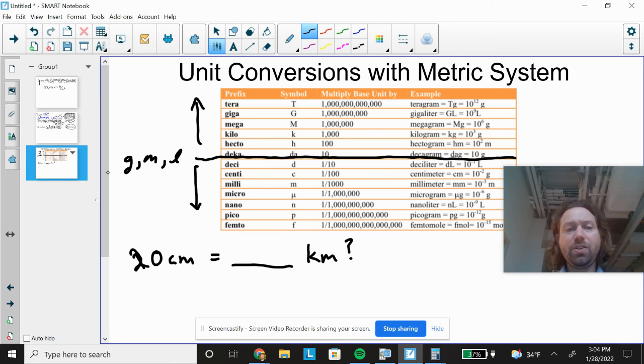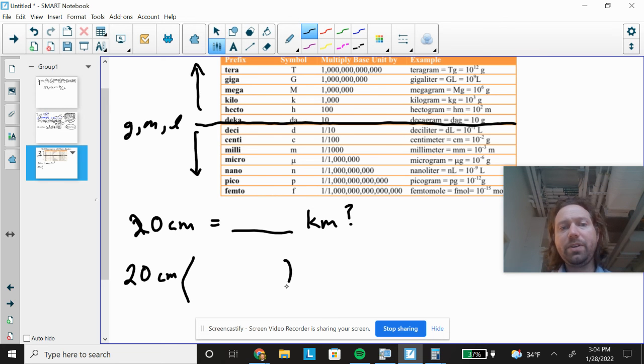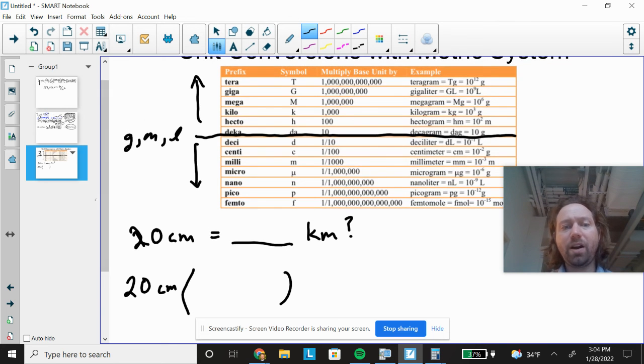So, to do a couple of examples here, let's say I do want to do 20 centimeters and figure out how many kilometers. The way we do this is wherever we are, we start there. So, for example, centimeters, and we want to go up, in this case, to kilometers.